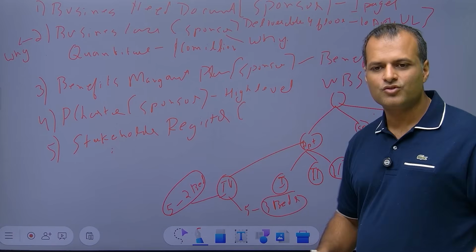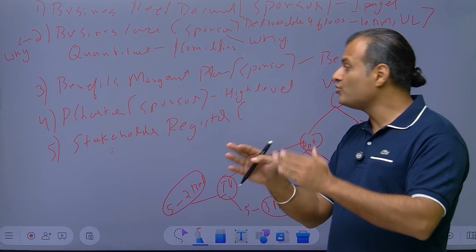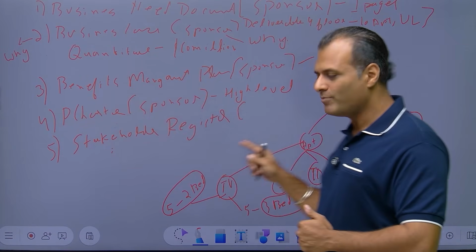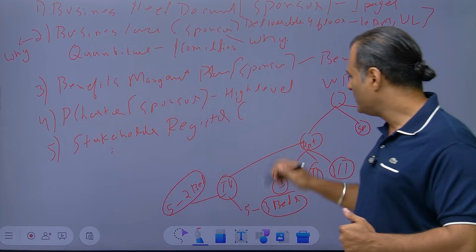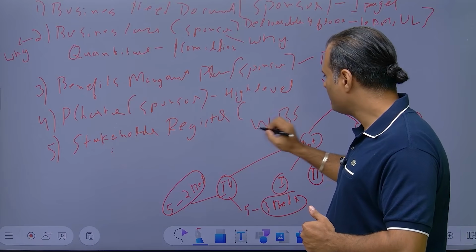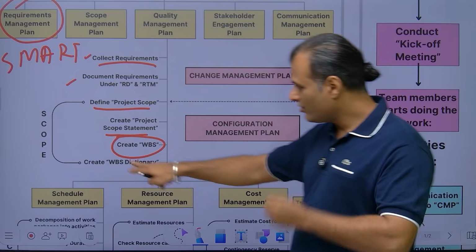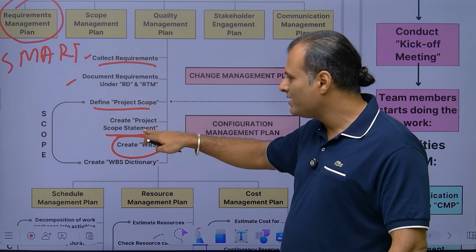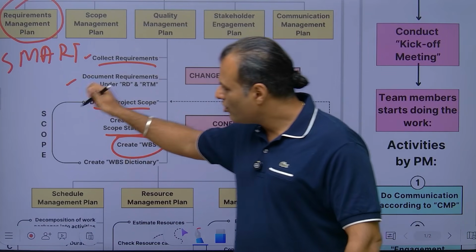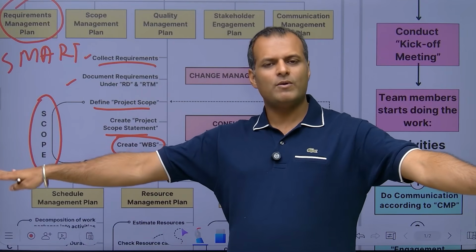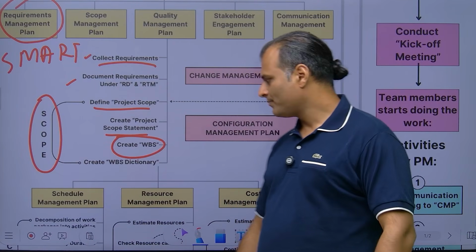So what I'm doing is decomposing my scope statement and my requirements document into small deliverables. This is nothing but your WBS. So you create your WBS. Scope, WBS, and scope statement are all your scope management. It's not your requirement. Requirement is just your requirements document that says I need this.